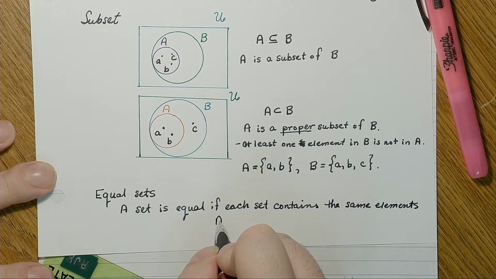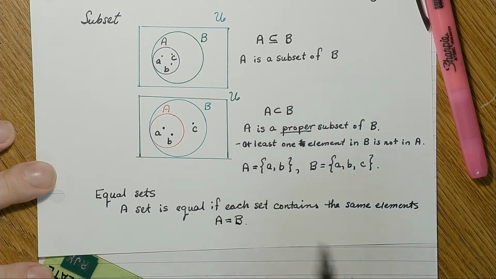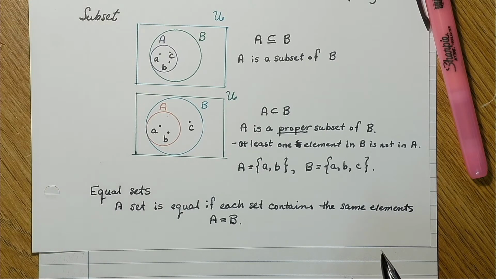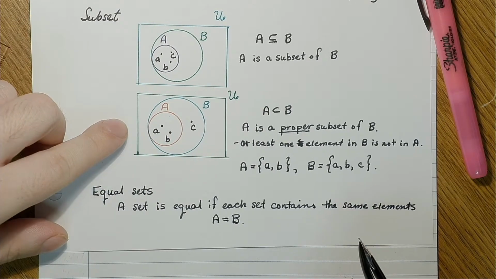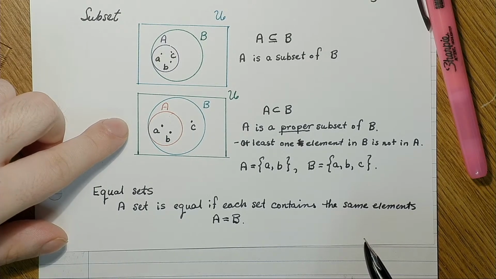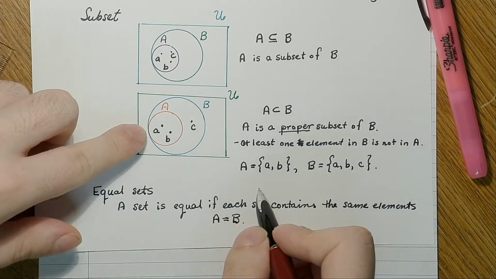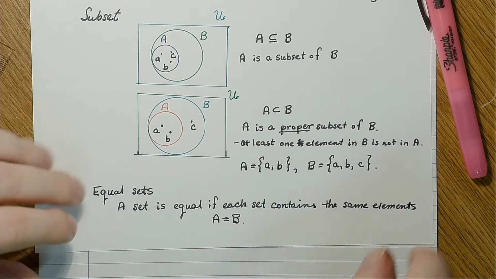And you would write it like A is equal to B. So in this case here, A is equal to B. But in this one right here, A is not equal to B because there's that one element, C, that's not in the A one right here. Okay.